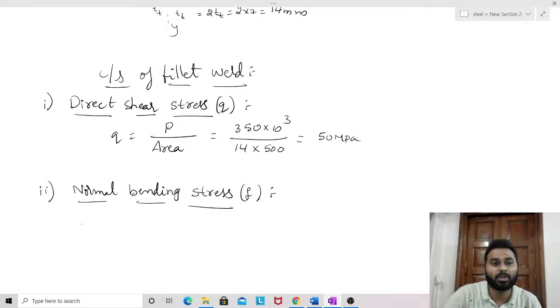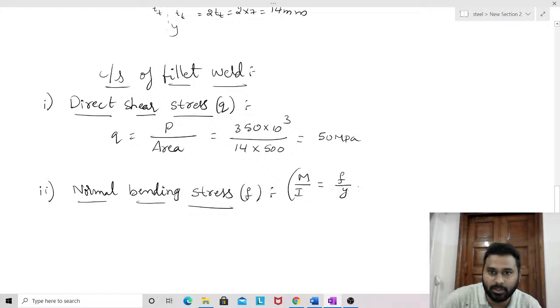Clear? What is that formula? The most popular, most known formula, that is M upon I is equal to F upon Y is equal to E upon R, the most famous formula we studied in the simple bending theory concept.